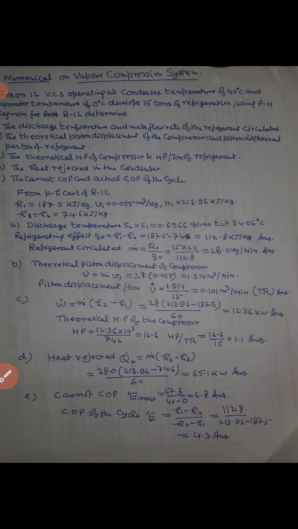Using pH diagram for the R12, determine the following. R12 means Freon 12, so you can use the chart. Either it will be given in the examination or you have to take it with yourself.